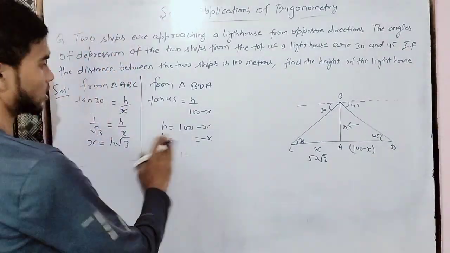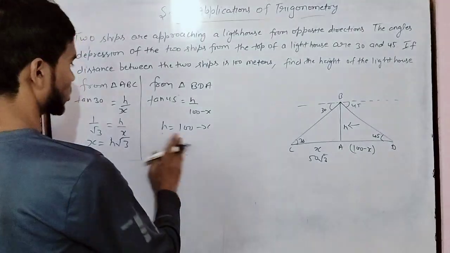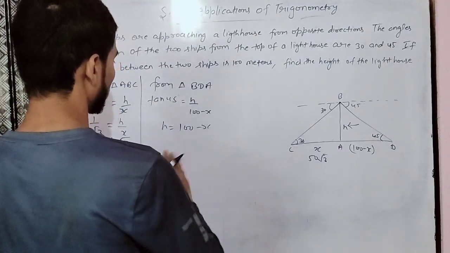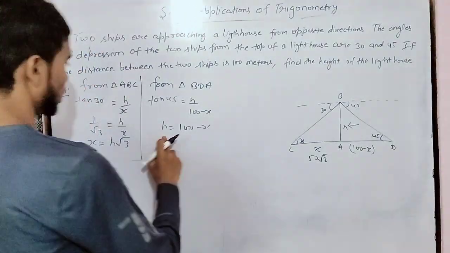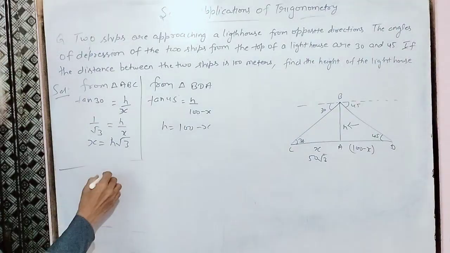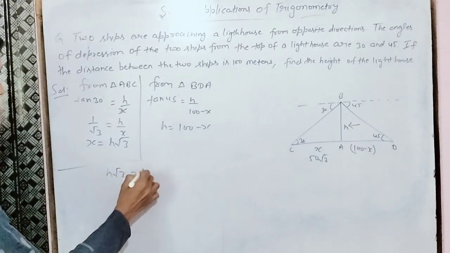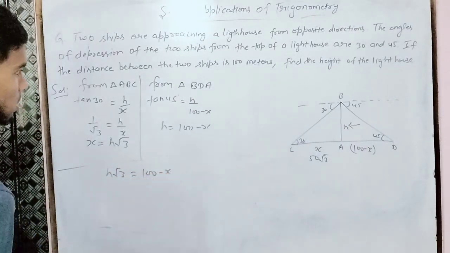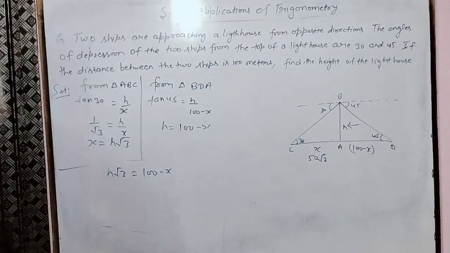So this is what we have got: h is equal to 100 minus x. We will put what here, we have h root 3 plus 100 minus x.